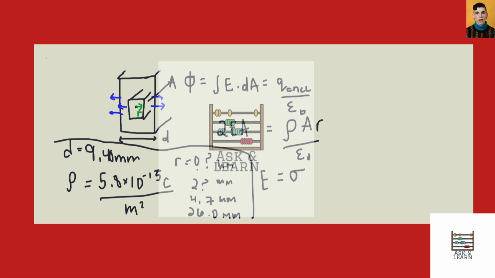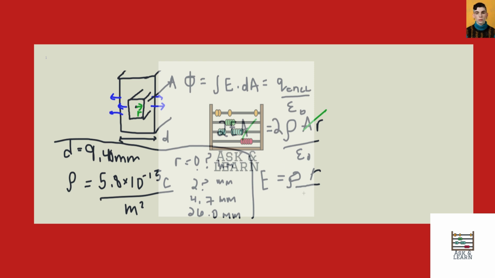Now you can have a formula for E. E is, not sigma, I've written sigma so many times for the other problems, rho times R. The A's cancel, which is good because we're not given an A. Actually, the size of the box is 2R, so there's another 2 here, and these 2's also cancel.